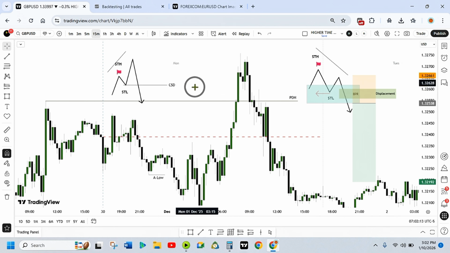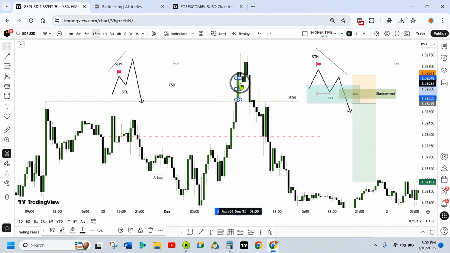And here's a case study on GBPUSD. It was Monday, 1st December 2025. This was our first trade of that month. You can see here we have a displacement higher in the form of buy side imbalance, sell side inefficiency.